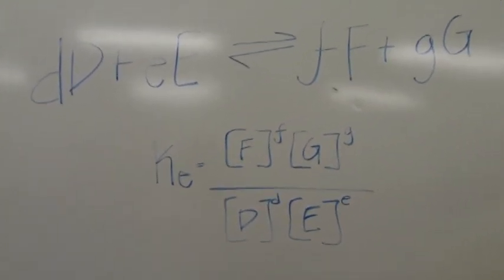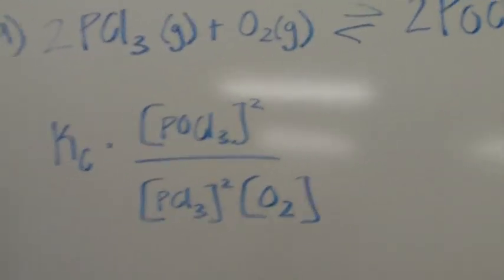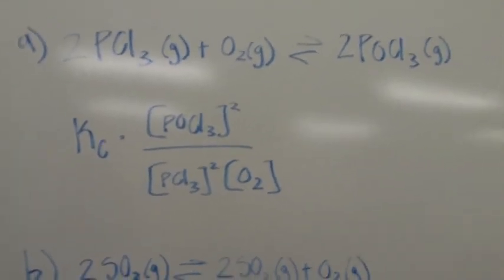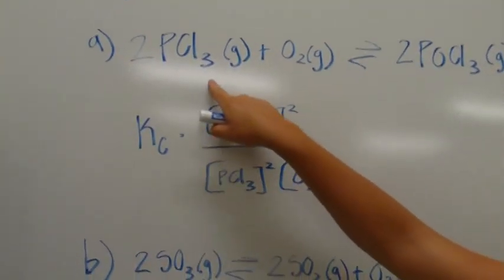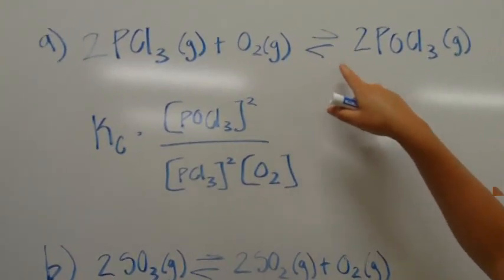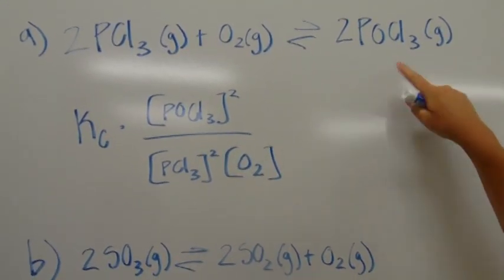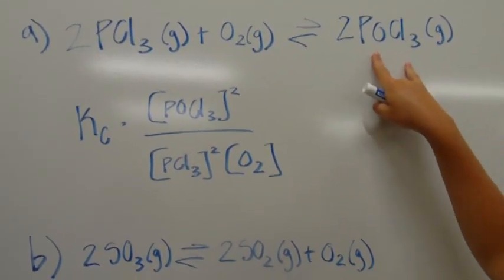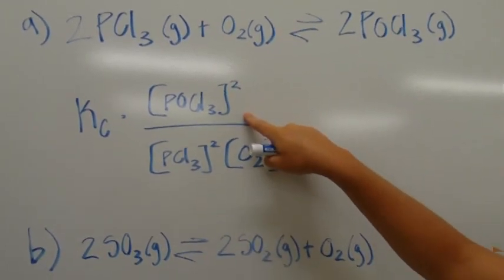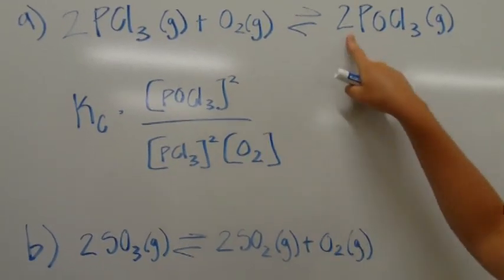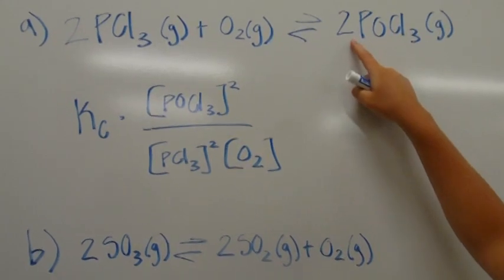And so for problem number 1A, it is going to be as follows. What we have here is 2 PCl3 plus oxygen yields 2 POCl3. So we've taken the concentration of the POCl3 right here, and we raised it to the second power simply because of its coefficient right there.